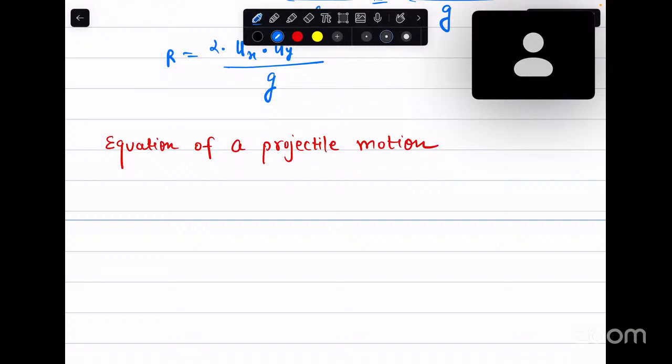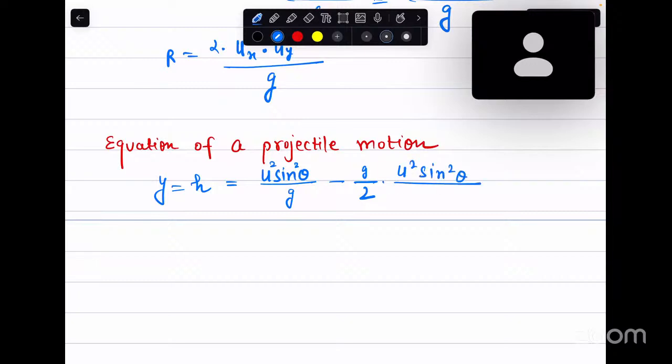This is given as y or h is equal to u sin theta into u sin theta by g, that is u square sin square theta by g, minus g by 2 u square sin square theta by g square.